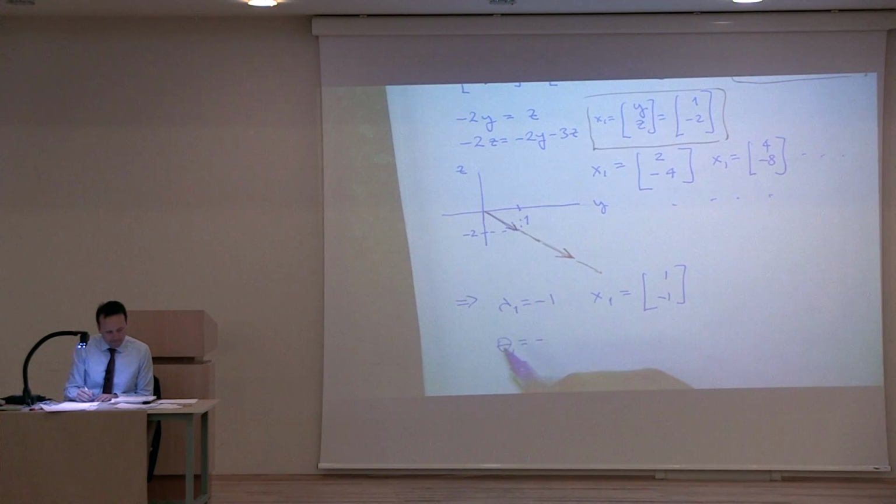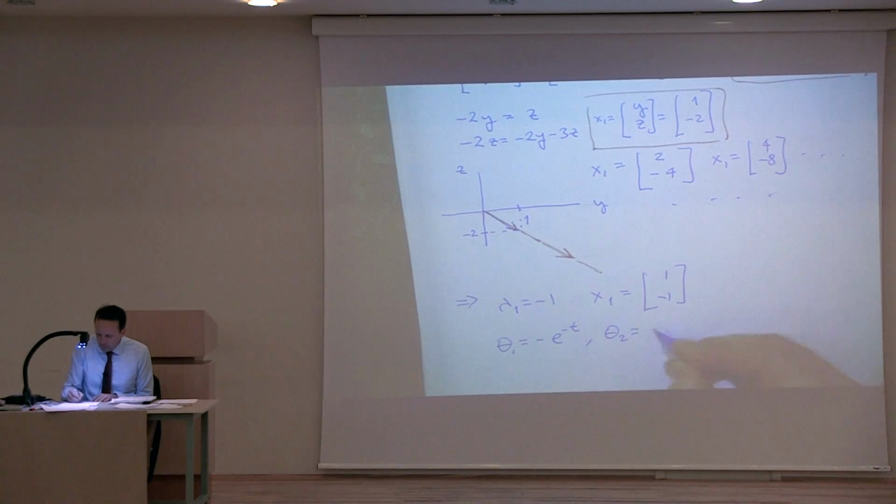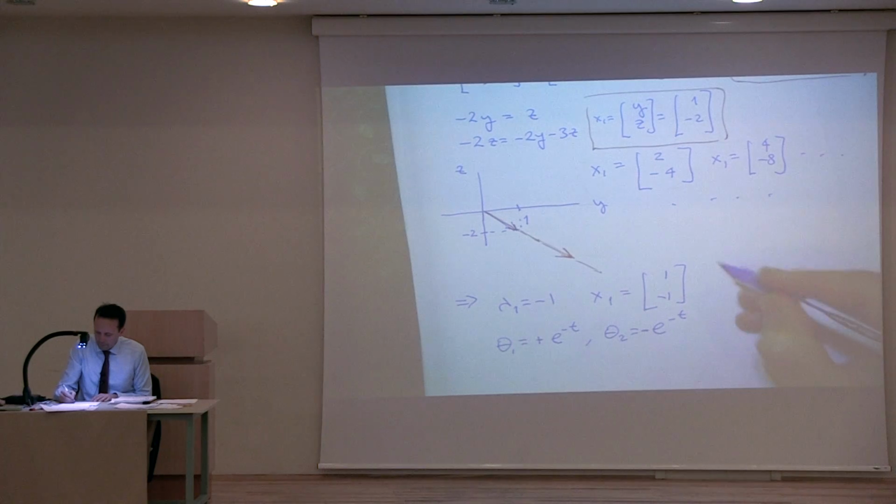Yes? Okay. So theta 1 will be equal to minus 1 e to the power minus t times 1, and theta 2 is equal to e to the power minus t. Now this is a plus, right? This is a plus and this is a minus. So this is the first solution I found, but 1 and minus 1 is something.